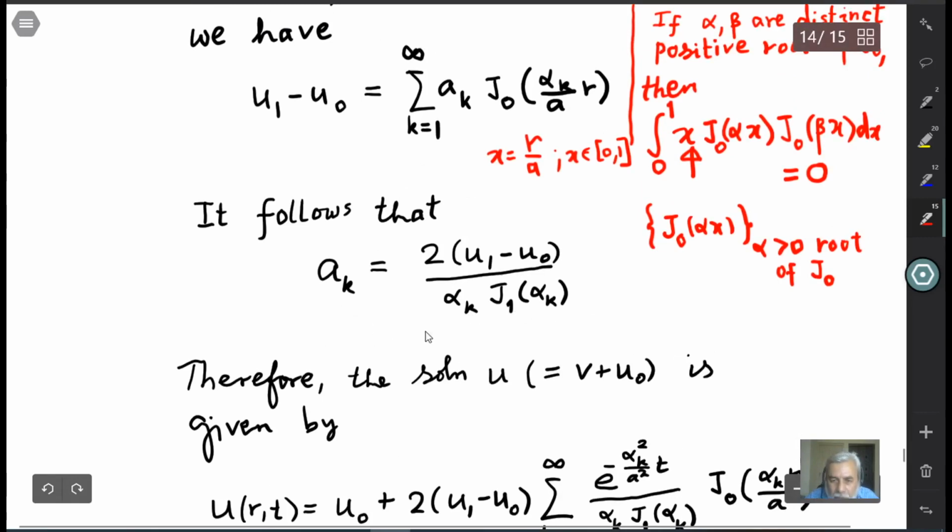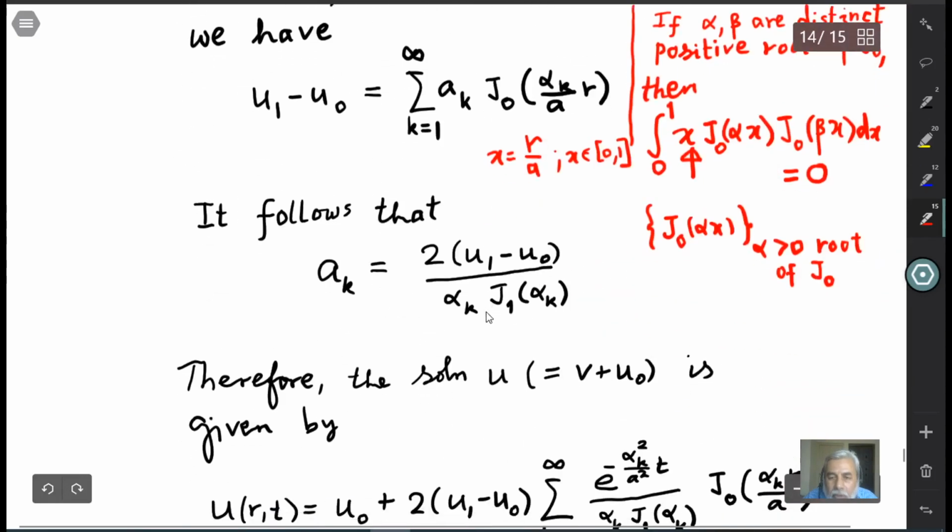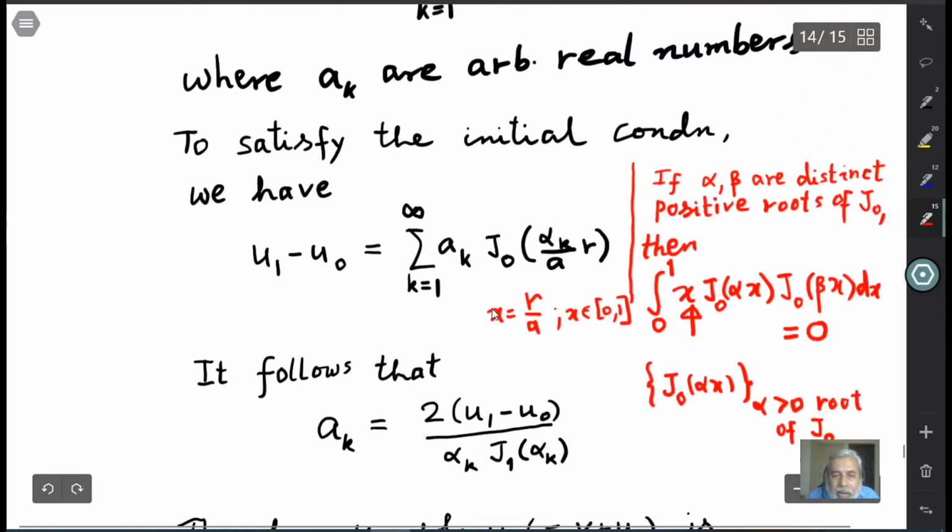Both the terms in alpha k are positive by choice, and this j1 alpha k is nothing but j0 prime alpha k with a negative sign, and since alpha k are all simple roots, this is also non-zero.